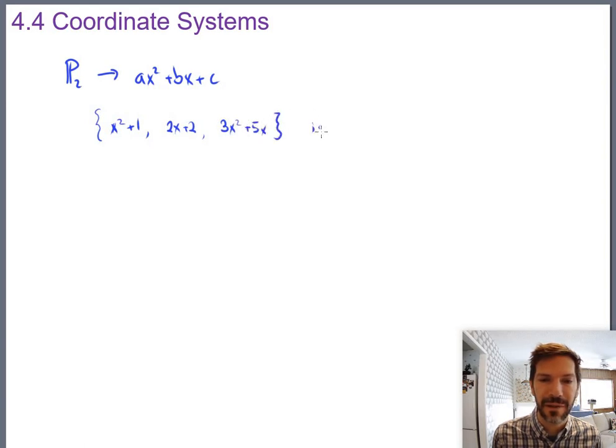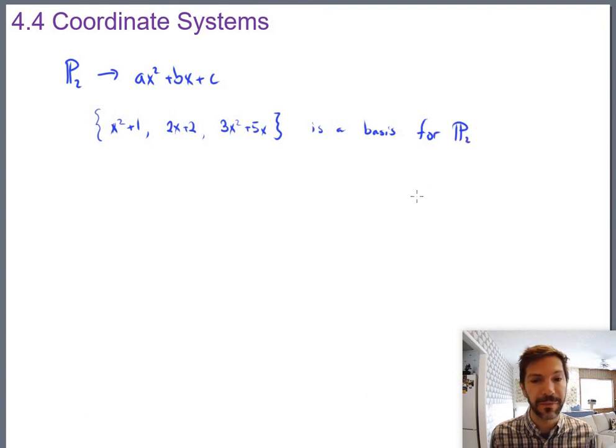I'll claim this is a basis for P2. In other words, I could do some multiple of the first polynomial plus some multiple of the second polynomial plus some multiple of the third polynomial and produce any second degree or less polynomial that I so desire. In other words, it spans all of P2.